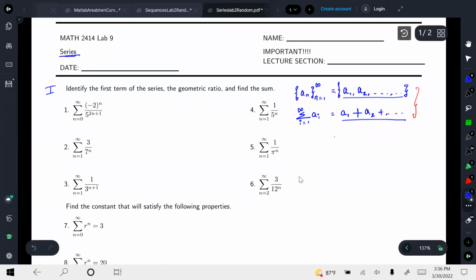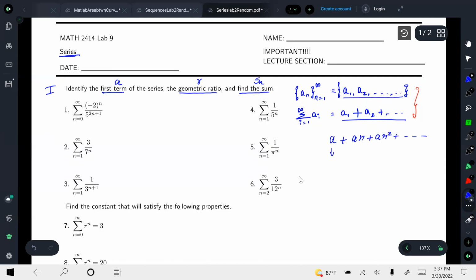Now, in the first type, you have a geometric series given. You need to find the first term of the geometric series and the ratio r. The first term in the geometric series is a, and you need to find the sum S_n. So how do you write the geometric series? You write it in this way: a plus ar plus ar squared plus and so on.